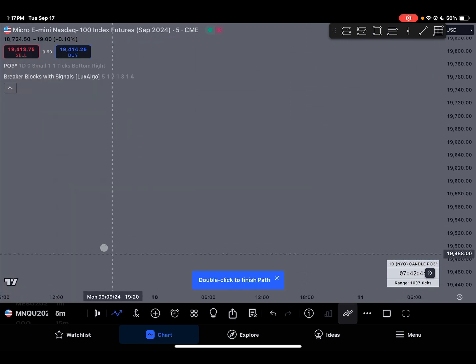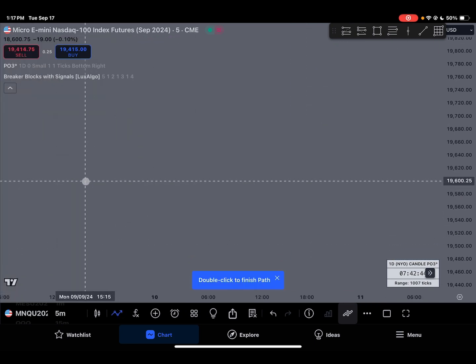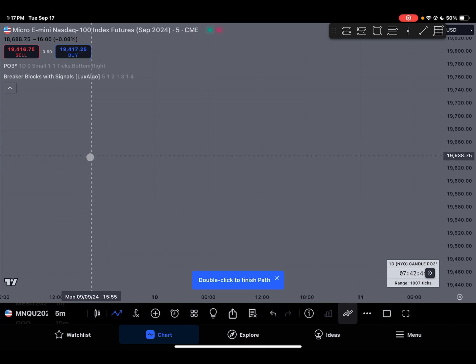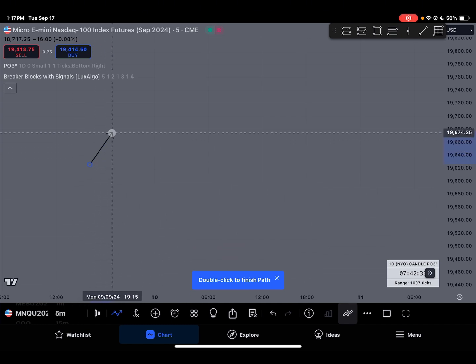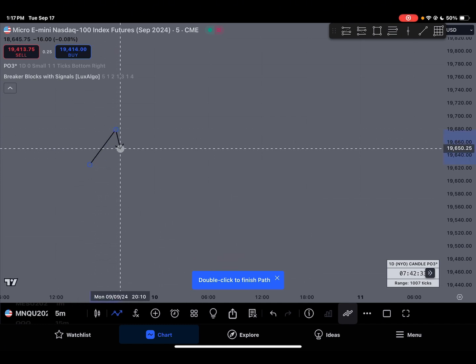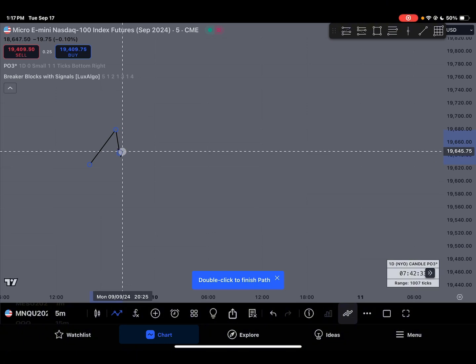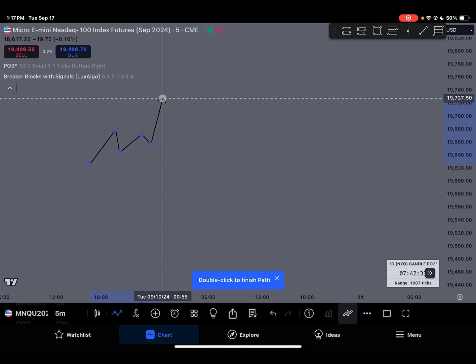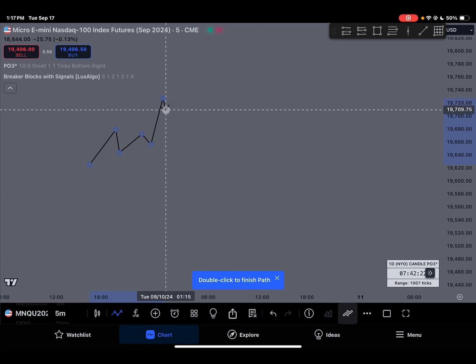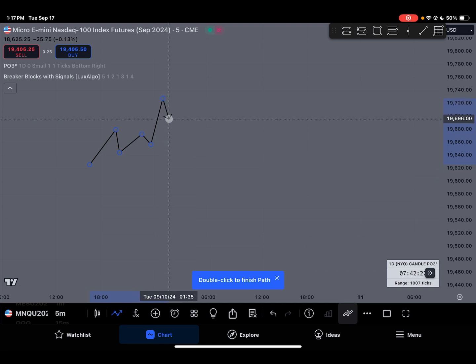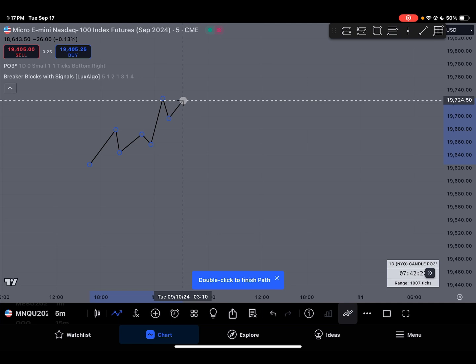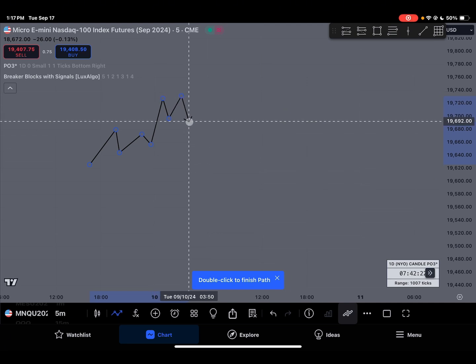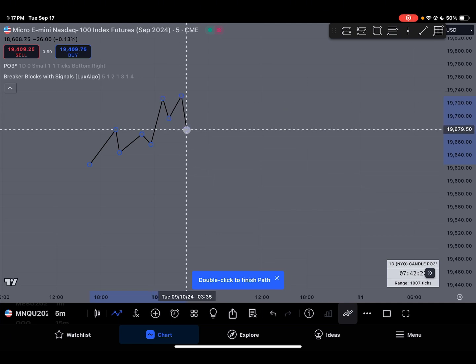So yeah, I'm just going to demonstrate it right here. Say it sweeps low, taps into a fair value gap, pushes above, boom.